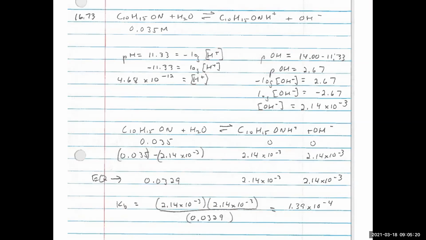So we have the protonated ephedrine and then hydroxide ion. We were told the pH was 11.33. We can work back through that, just as we did before, and find that if the pH is 11.33, the hydrogen ion concentration is 4.68 times 10 to the minus 12.